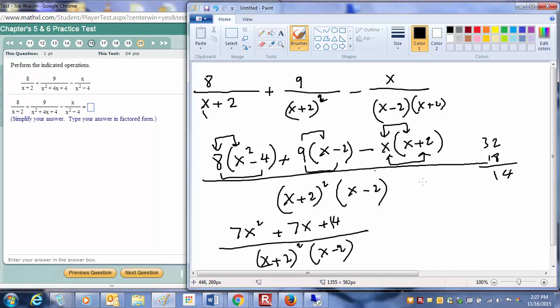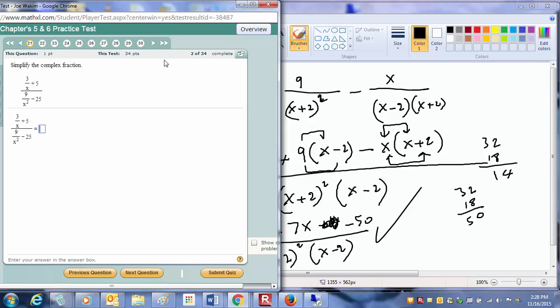These are like signs, so we have to add them. 32 plus 18, that's 50. Remember that? Negative 18, negative 32. Both of them are negative, so we're going to add them. 18 plus 32 is 50. And we keep the sign, and that's negative 50, and that would be the final answer.